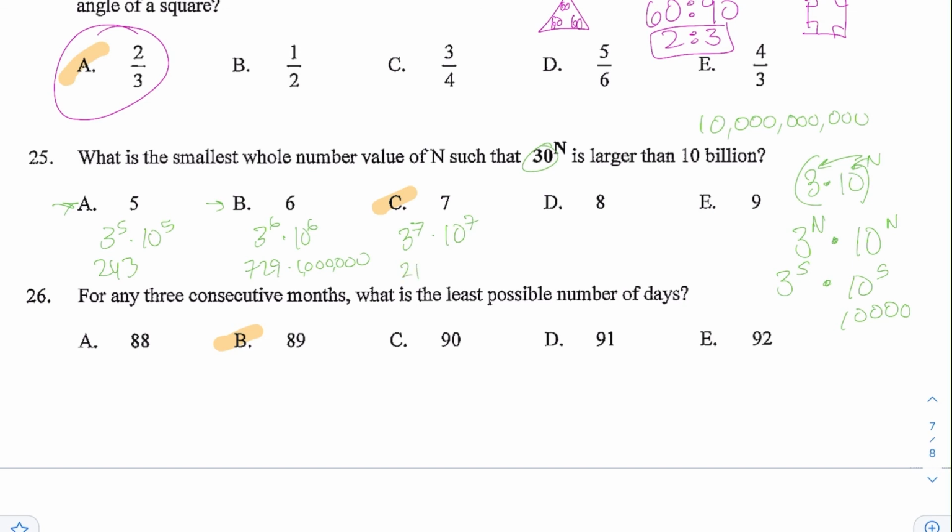That's finally 4 digits, so 2,187 times 10 million will be more than 10 billion because you have 7 zeros here with 4 digits, so that would be 11 digits, which is exactly what you need. And that will be choice C.